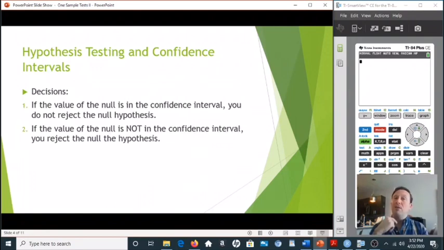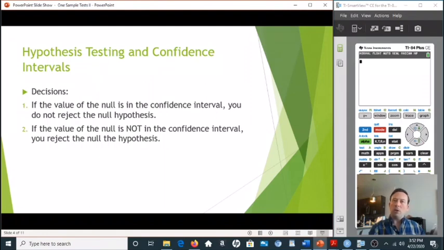The opposite, well, if the number does not happen to be captured by the interval, then that number is no longer the status quo and you reject it. So you would reject the null hypothesis if your value is not in the confidence interval. So notice now that these are the decisions I really want you to focus on, not the decisions where you say, oh, we're 95% confident that da-da-da-da-da.